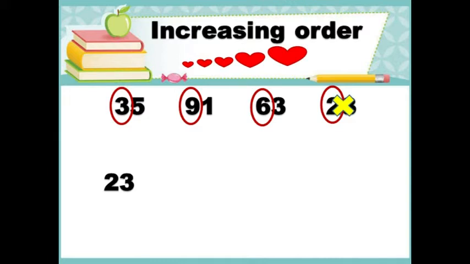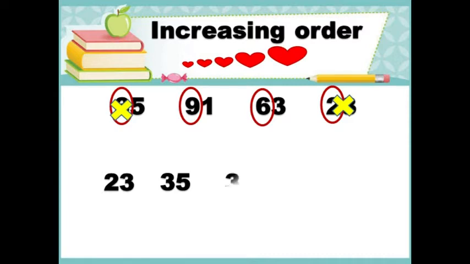The number in the tens in 35 is 3, the smallest, so we are going to write 35. Next, look at the two numbers left, 91 and 63. We have 9 and 6. 9 is bigger than 6, so we are going to put 6 first because we need the smaller one.